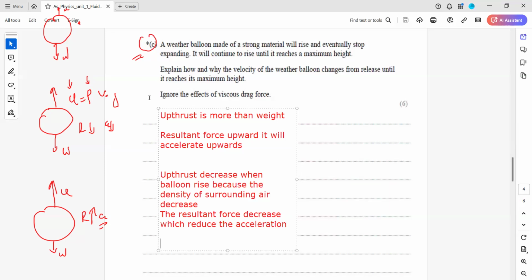And the last point: when the upthrust is less than the weight, it will decelerate because the resultant force is downward, opposite to the direction of motion.